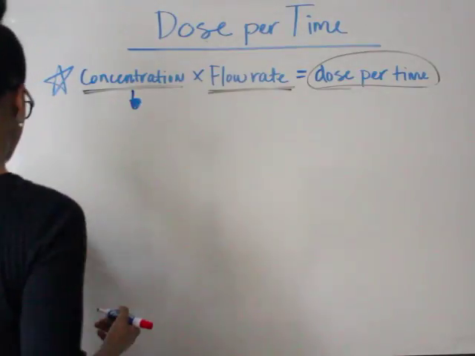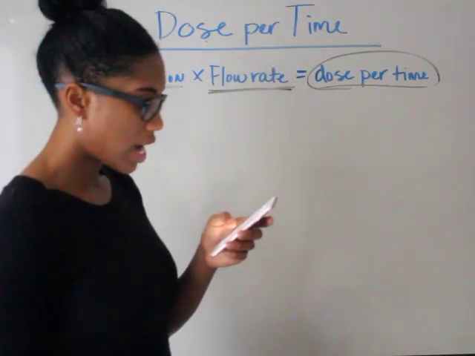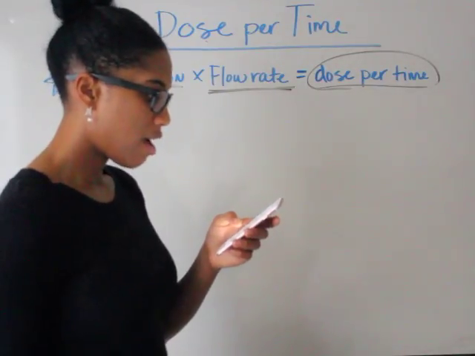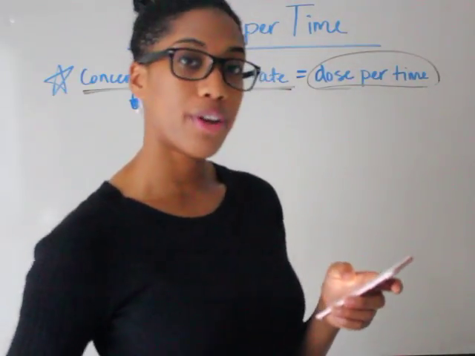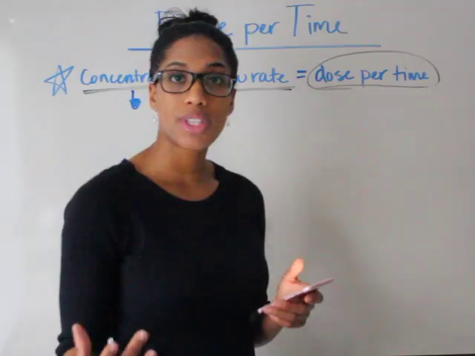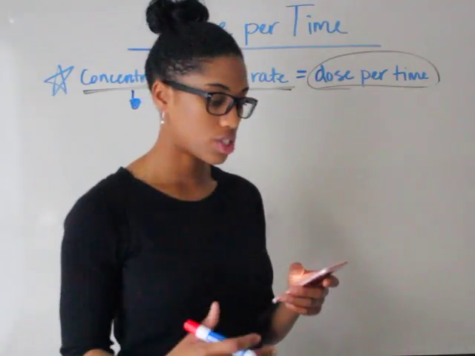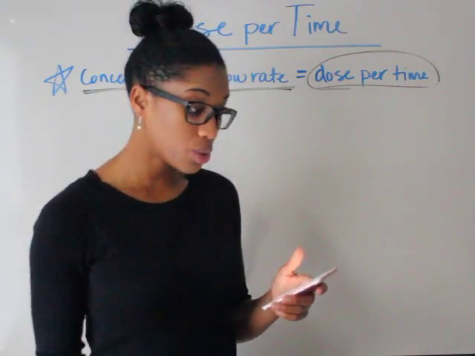Let's say this problem says you've got ampicillin 500 milligrams in NS of 250 milliliters. And if you don't know what NS is, it's the normal saline. It comes in different concentrations as well, but just generally speaking, we're talking about this NS solution.